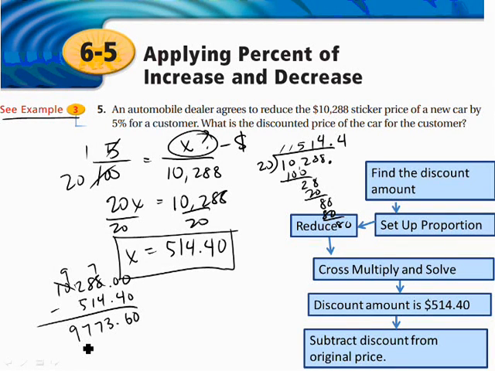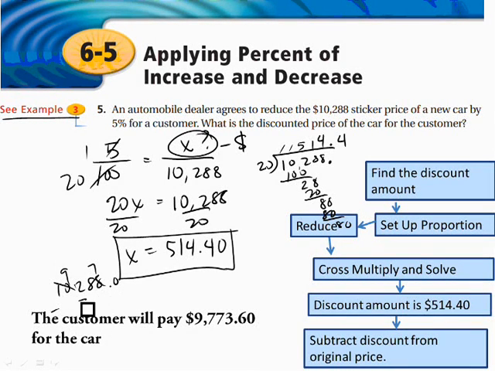There's our discounted amount, $9,773.60. That's how much the customer will pay for the car.